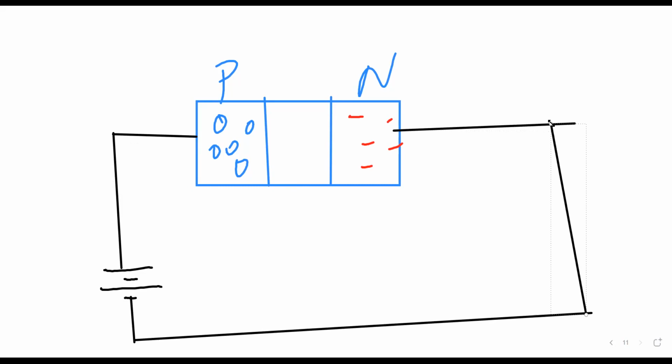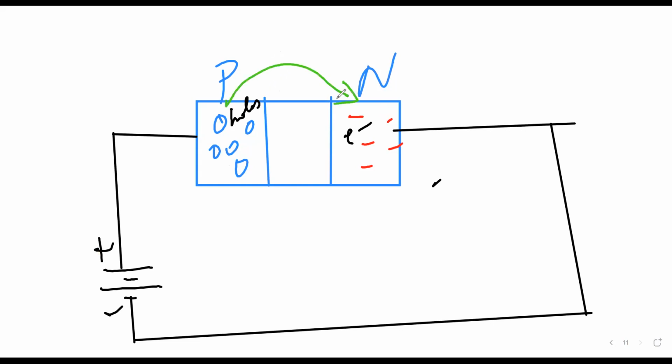Kindly forgive me for the spot drawing. So what is happening here? P has holes, N has got electrons. If the positive side of the battery is connected to the P type, what will happen? Holes are majority carriers here on the P, so there will be a diffusion of holes to the N. Then only the diode will be forward biased.